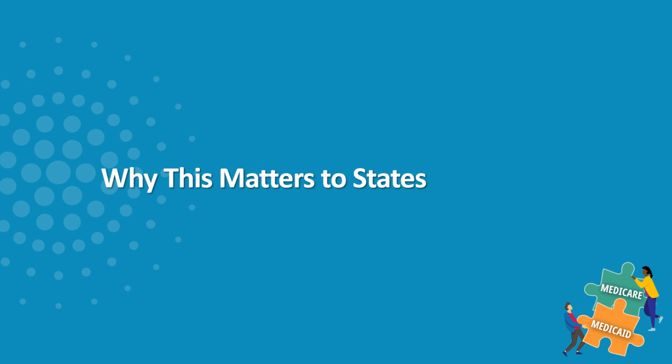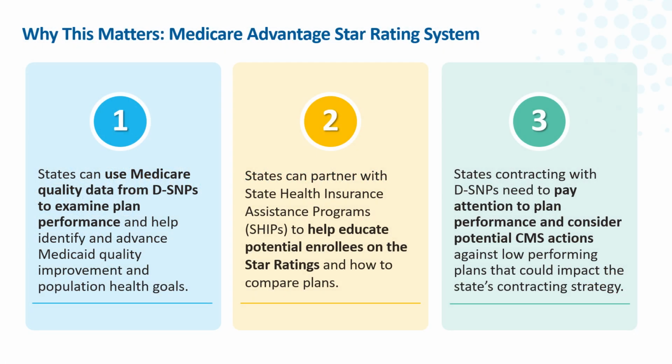Now that we have a foundational understanding of the Medicare Advantage star rating system, let's review why this matters for states contracting with D-SNPs. First, states can use Medicare quality data from D-SNPs for oversight and monitoring purposes.